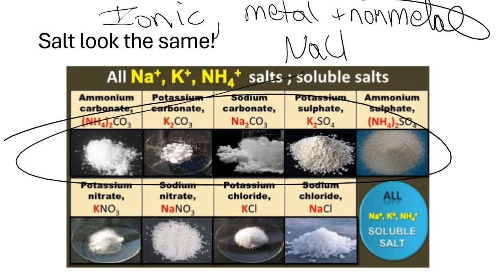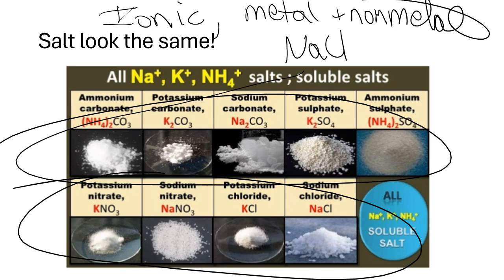Look at how all these sort of look like NaCl. Ask which one of these are NaCl. I don't know, you might be able to guess. But you probably get it wrong because I don't think anyone would guess that one. And so some salts dissolve in water, some do not. And that's what we're going to look at.